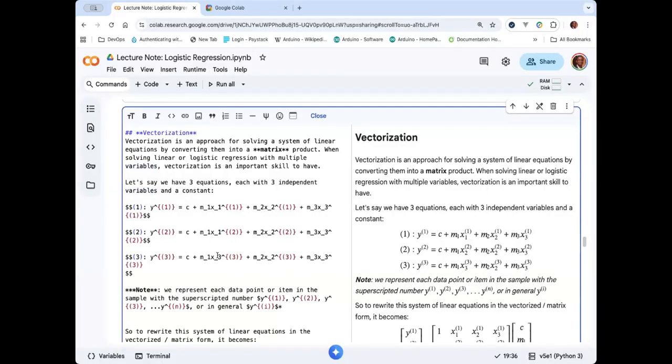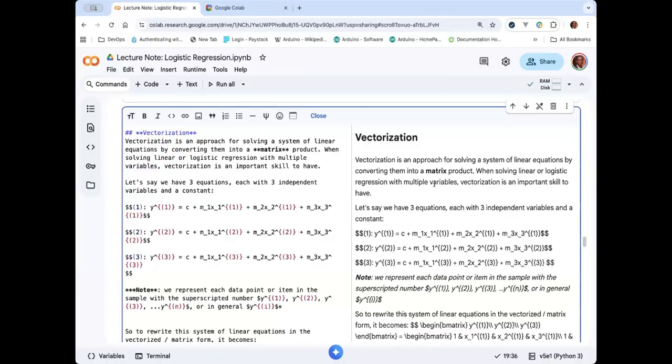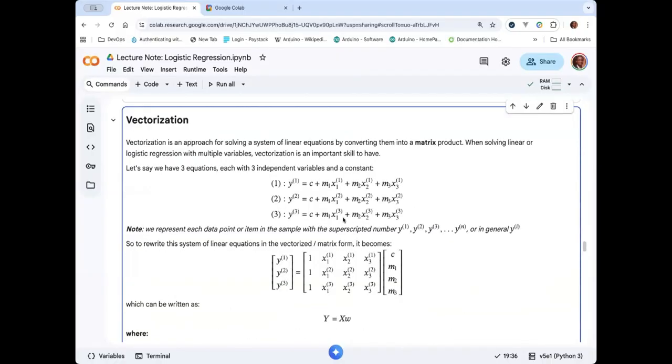This is x1 and this is x1. So you have x1 for the second data point that goes with m1, and we have x2 for the second data point that goes with m2, and then you have x3 for the second data point that goes with m3.